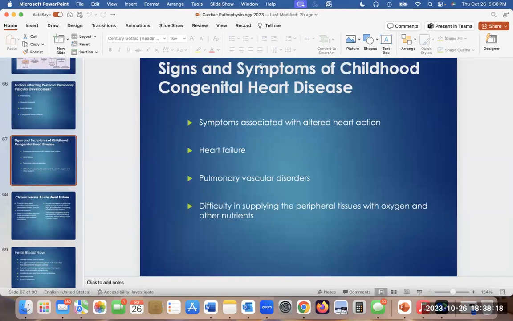They also can have heart failure and pulmonary vascular diseases and things like that. And you'll learn in your peds and other classes that they have a different structure of the heart. Their heart as a baby in the womb is much different than our heart in terms of structure and how the blood flows.